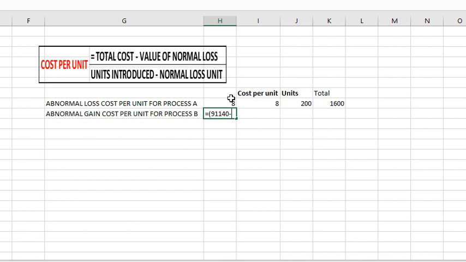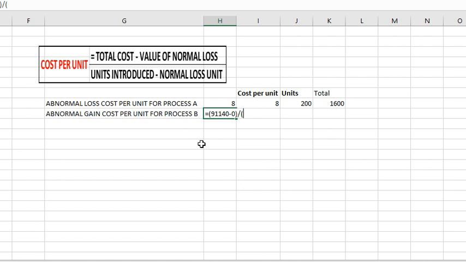In this problem, the scrap value for normal loss is not given, so we will consider it as 0, divided by units introduced minus normal loss units.